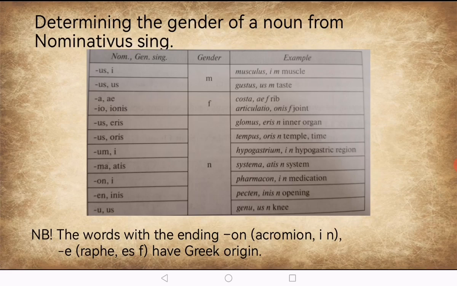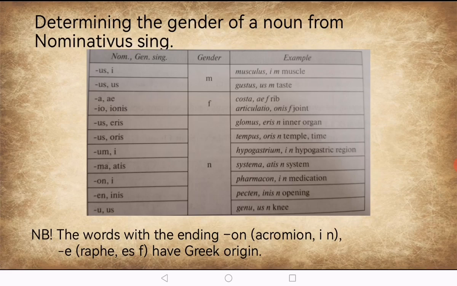Gustus, gustus, masculinum, taste. There are some feminine endings like A, IO, IONE: costa, costae, femininum, rib; articulatio, articulationis, femininum, joint.